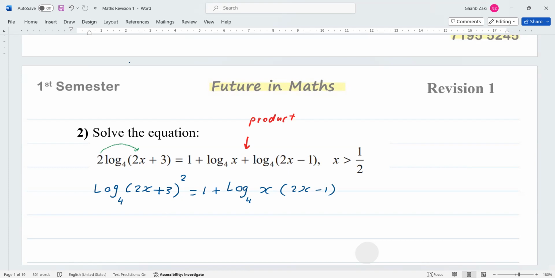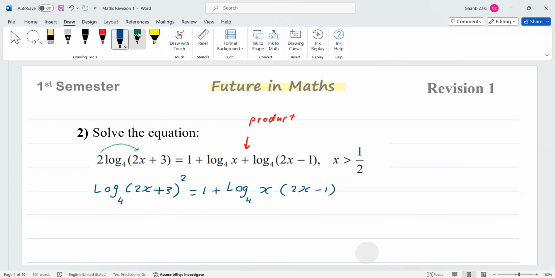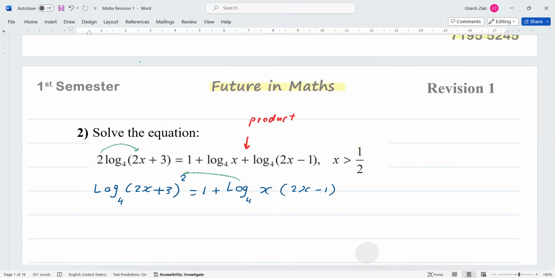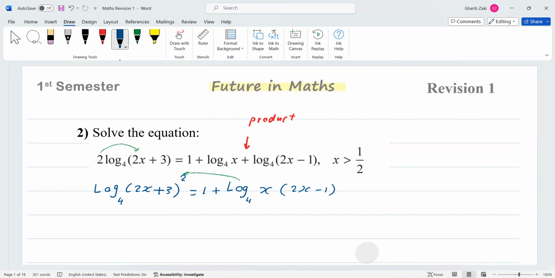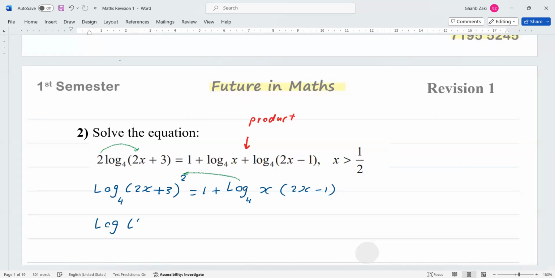Now collect logs to one side. Then what do we do? We shift this log to the left side. Then it becomes log (2x plus 3) to the base 4 minus log x(2x minus 1) to the base 4 equals 1.